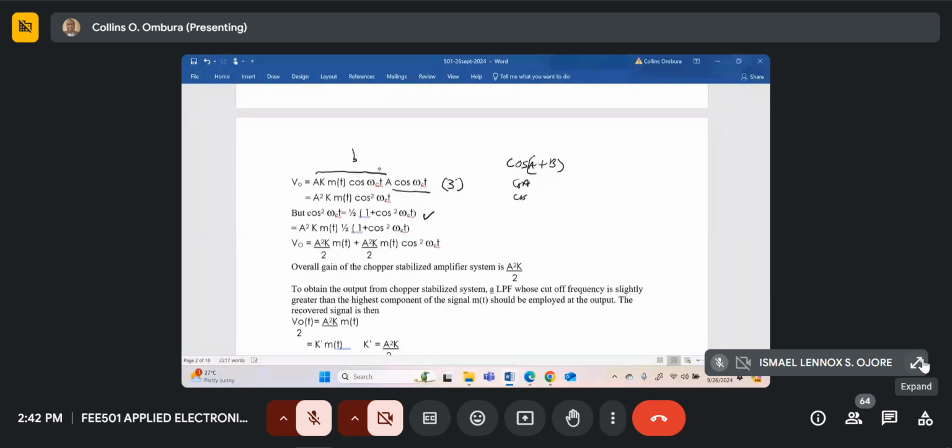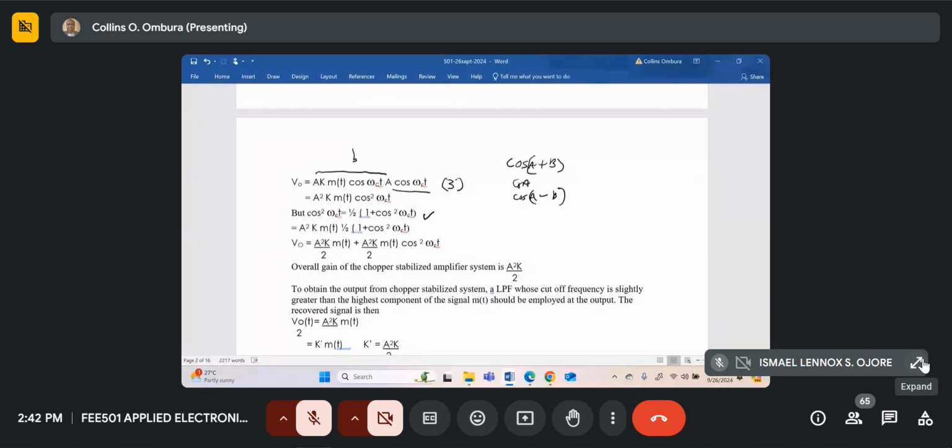Sorry, cos A minus B. Then you rearrange it. You'll be able to solve for cos squared omega ct. You just put A equals to B. Just using the identity, so there we just put the identity directly.